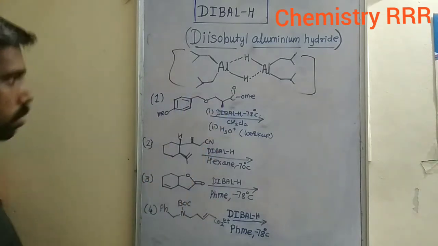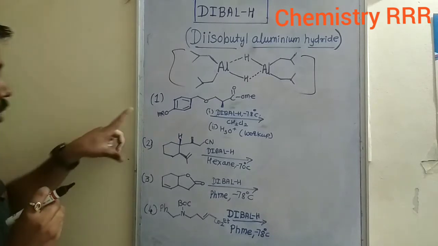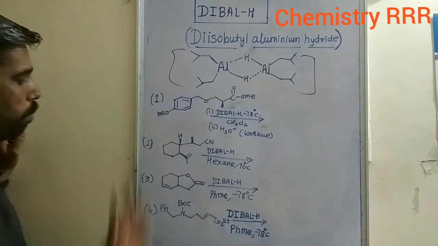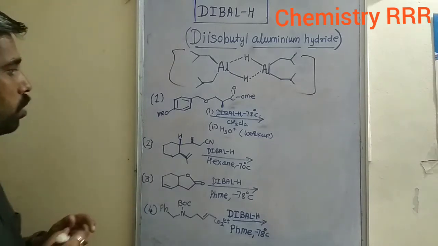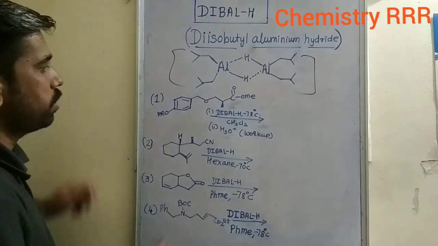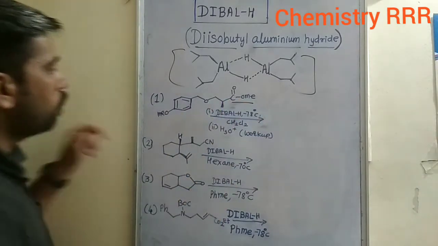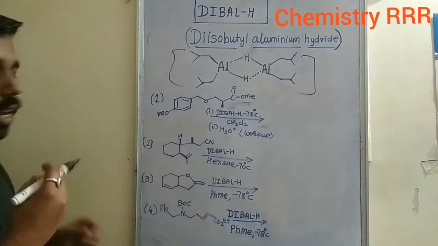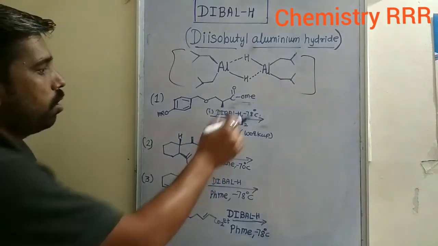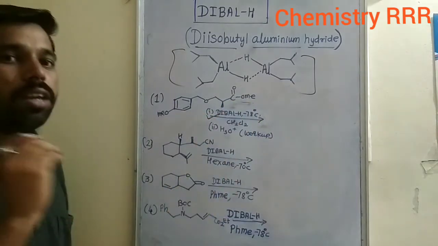Now what is the application of DIBAL-H? Let's discuss these four applications of diisobutylaluminum hydride. Now in the first reaction, one of the most important functional groups is ester. On treatment with DIBAL-H, the ester reduces to the corresponding aldehyde.